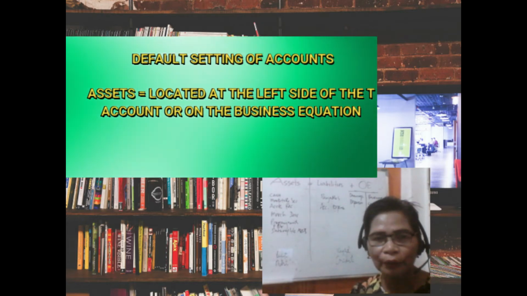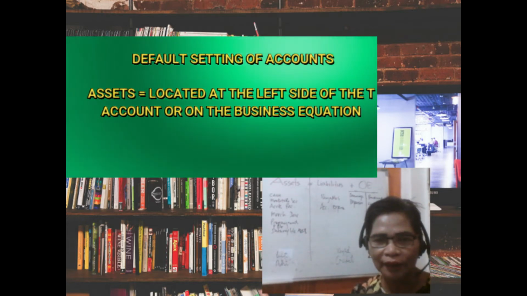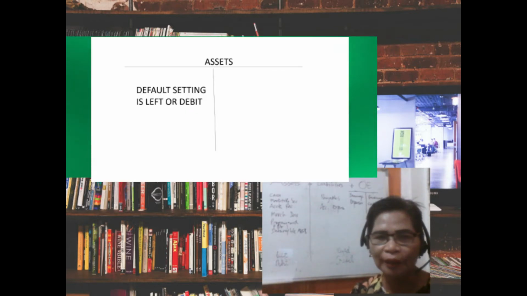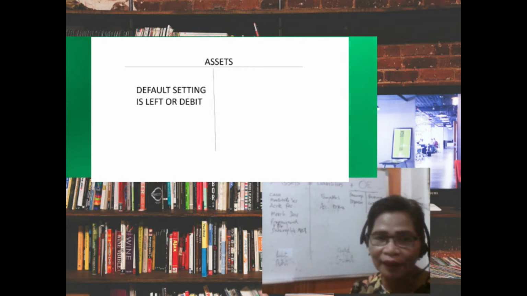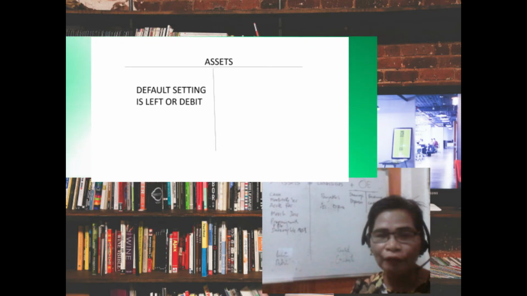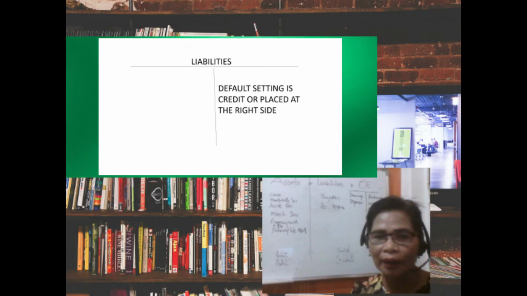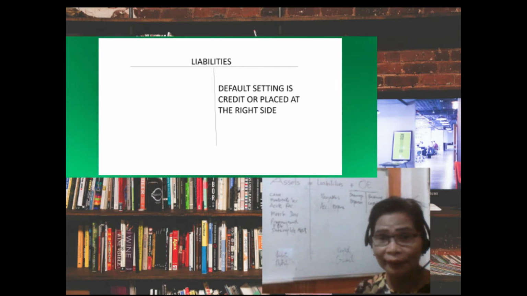So start with the business equation and then the default setting. Assets are located at the left side, or the debit side. Liabilities and owner's equity are located at the right side, or they are being credited.